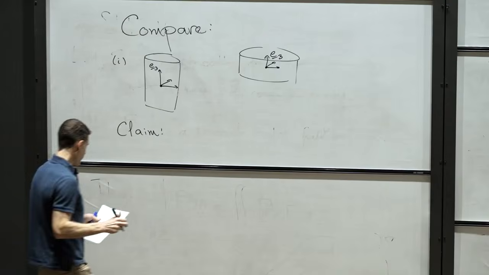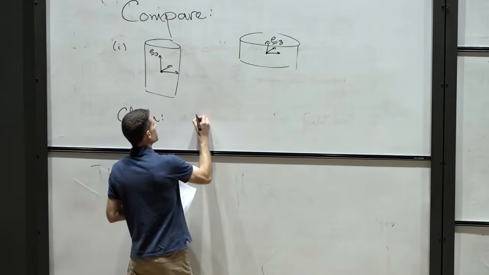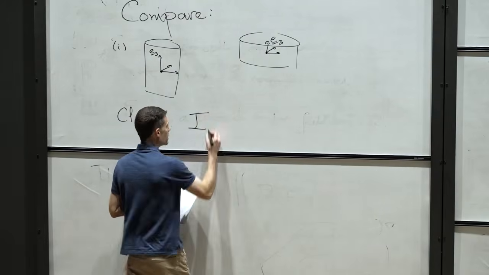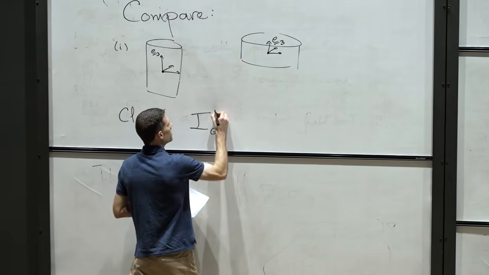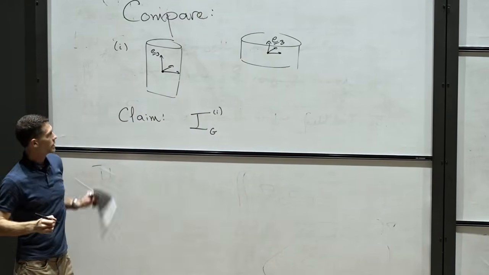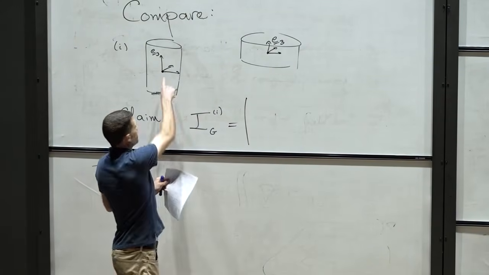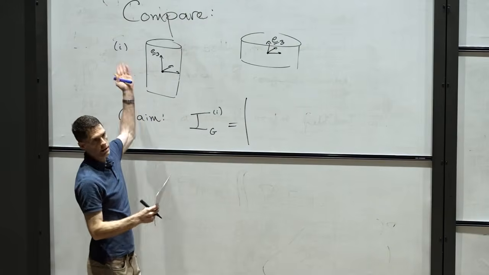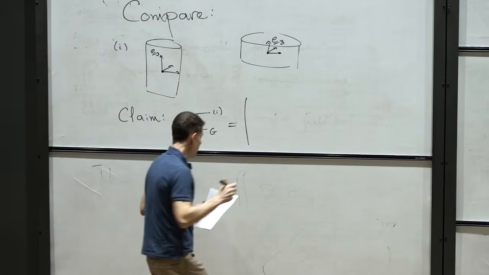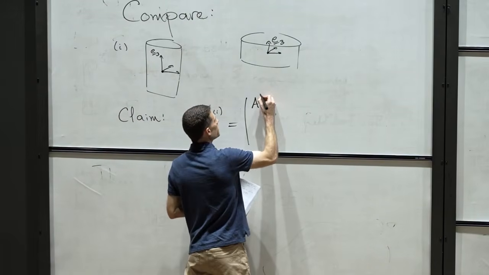My claim is that if I write the inertia tensor for this picture here, it's diagonal in that coordinate system, because I'm using the symmetry of the cylinder.